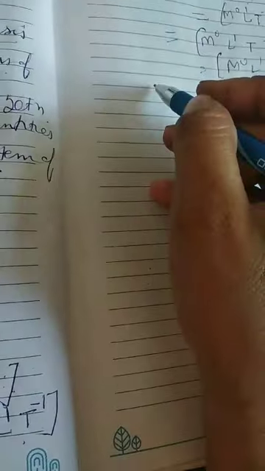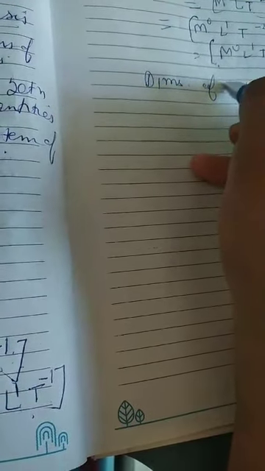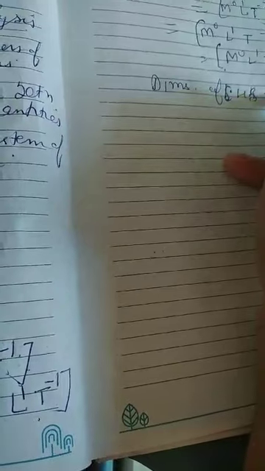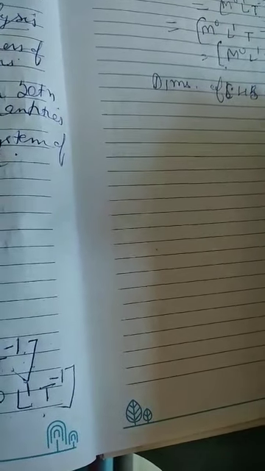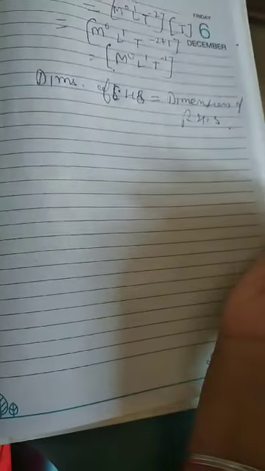It means we can write dimensions of left hand side is equal to dimensions of right hand side. Clear? Both dimensions are the same, so this equation is dimensionally correct.